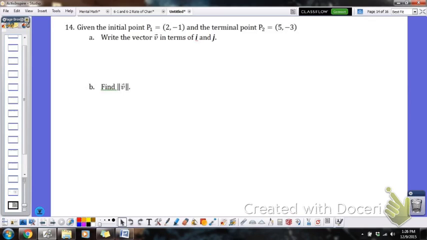I will do that by taking x2 minus x1 i plus y2 minus y1 j. And remember, with these problems, it is very important that x2 and y2 come from P2.